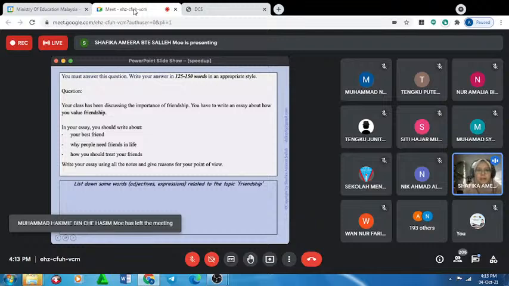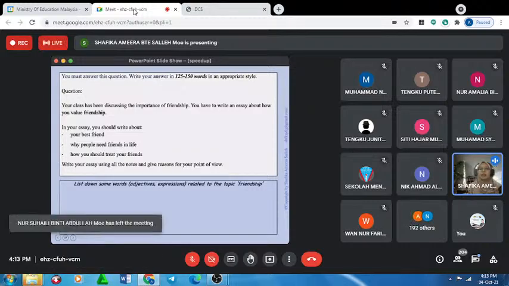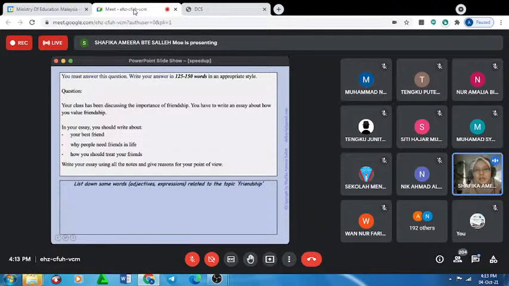Okay, so perkataan apa yang datang kat kepala korang when you see the question asking you to write an essay about friendship? Perkataan apa? Contohnya nama lain untuk best friend, another term or perhaps a verb yang power-power yang related betul-betul untuk friendship. Do you have any ideas? You can write your suggestions in the chat.